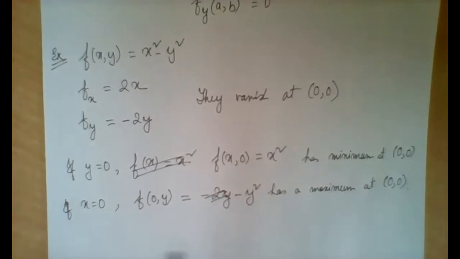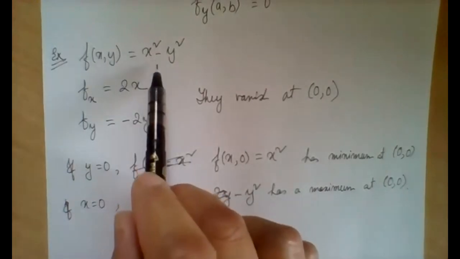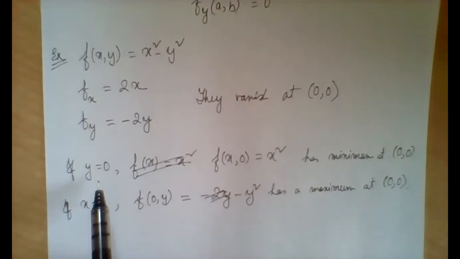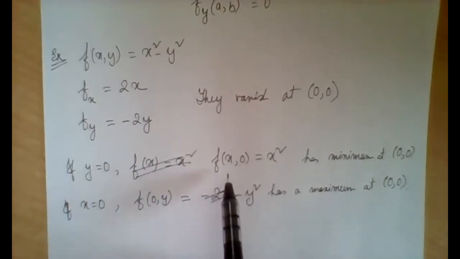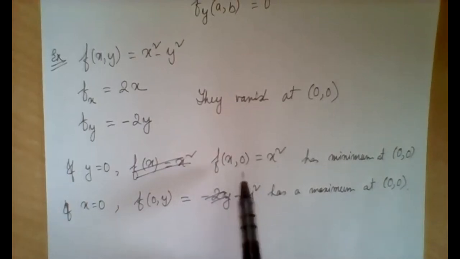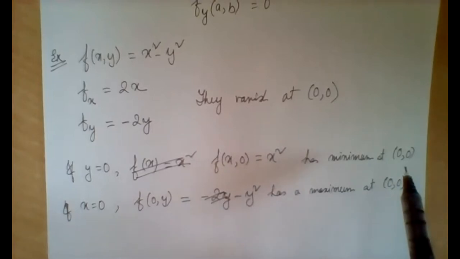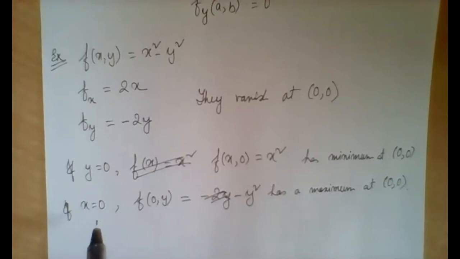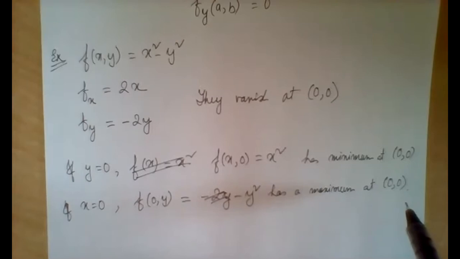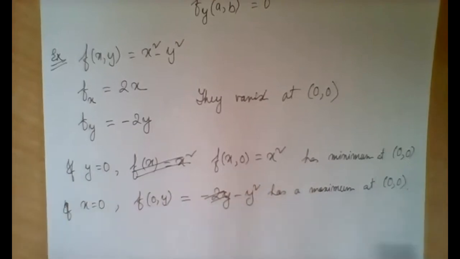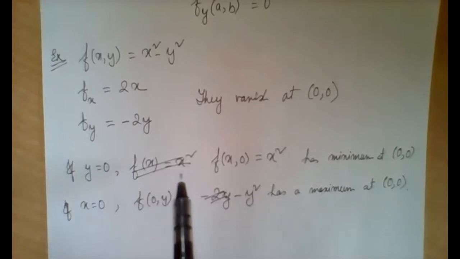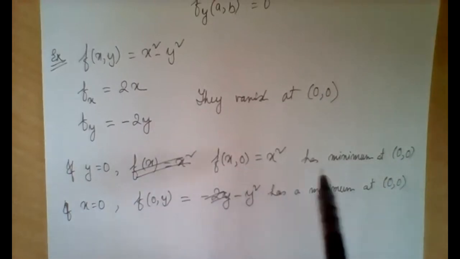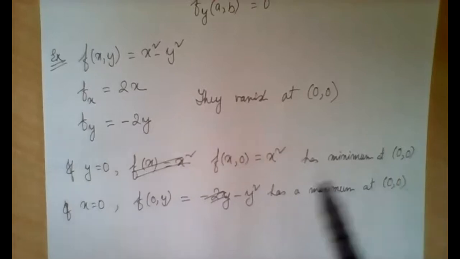So this function, if you take y equal to 0, becomes a function of only x, and it has a minimum value at (0, 0). If you consider x equal to 0, it becomes a function of only y, and it has a maximum at (0, 0). So when we move along the x-axis, the function has a minimum value at (0, 0).